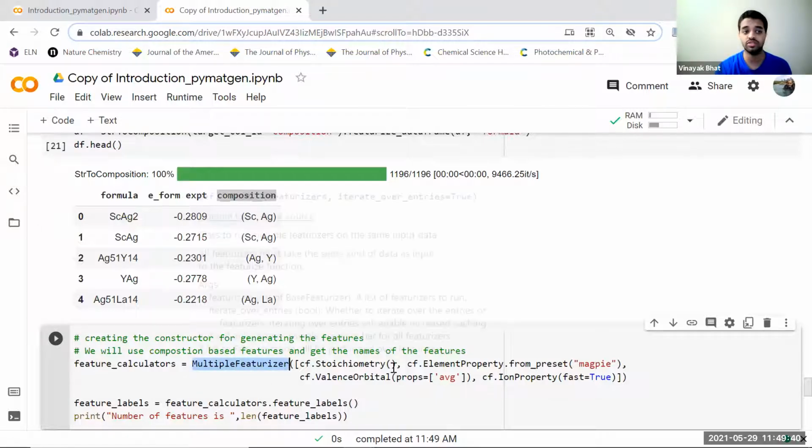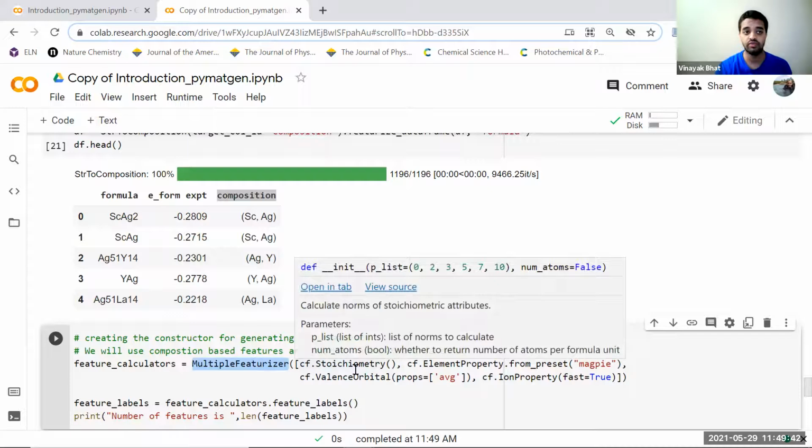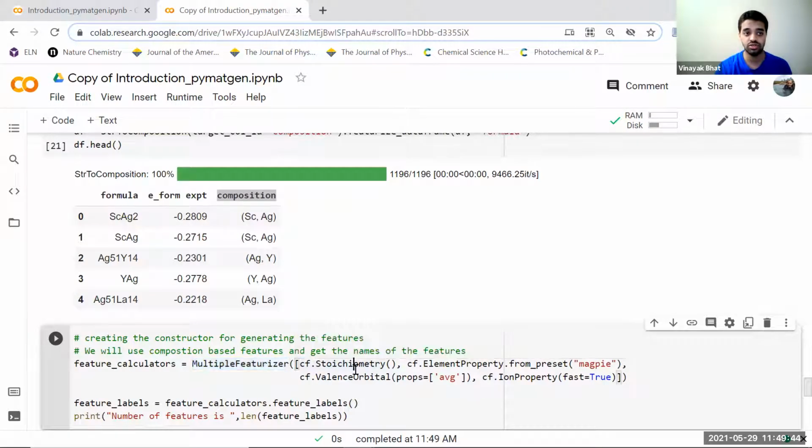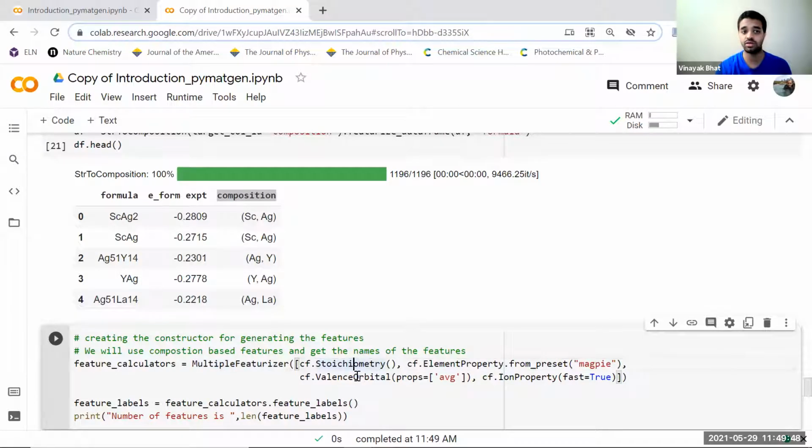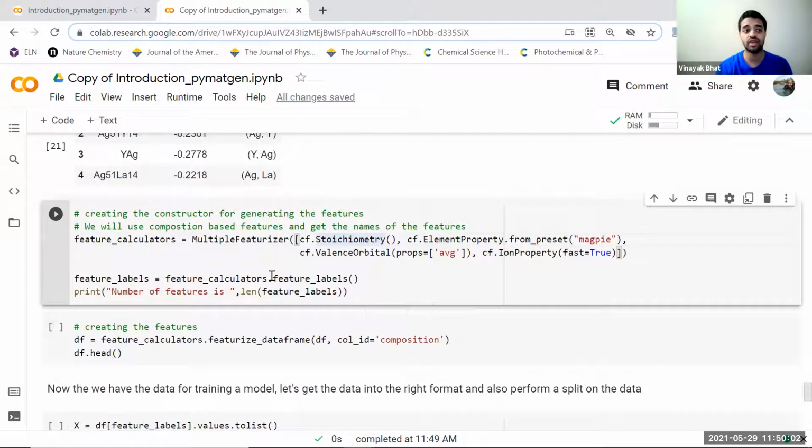Right. So once we have composition, we need to generate representations, and this is where we are using Matminer. So all of these features are from Matminer. It uses stoichiometry, it uses elemental properties, it also gives valence orbitals and ion properties. Right? So these are some of the descriptors, or features, that we are going to generate, and we are going to generate multiple of those. And we'll see how many features we have and what features we have once this is generated.